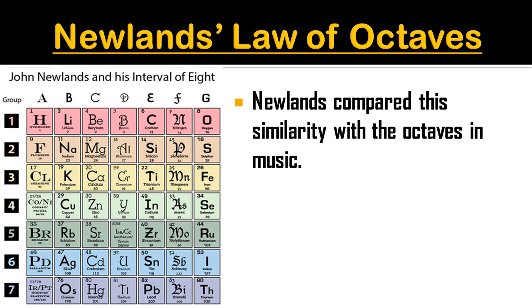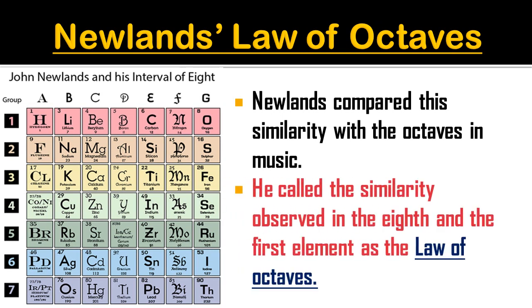Newlands compared the similarity with the octaves in music, like all the 8 notes of music. Every 8th element has properties similar to the first element. He called the similarity observed between the 8th and the first element the law of octaves. That is why Newlands' law is known as the law of octaves.